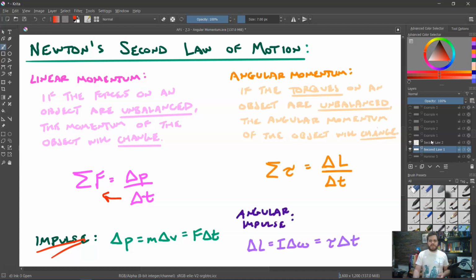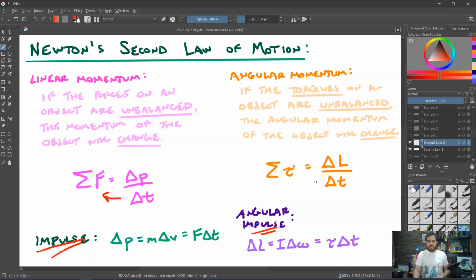If we have a net torque on an object, then the torques will be unbalanced and the angular momentum of the object will change. So the net torque is equal to delta L over delta t. That's in fact another definition of torque: a change in angular momentum with respect to time. We can also utilize the angular impulse equation.